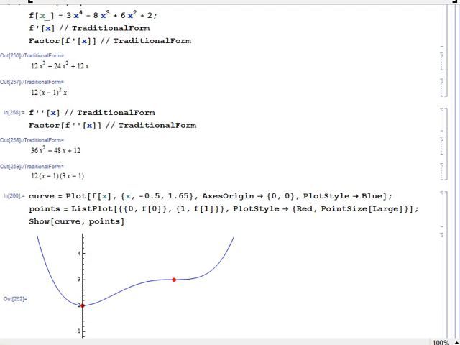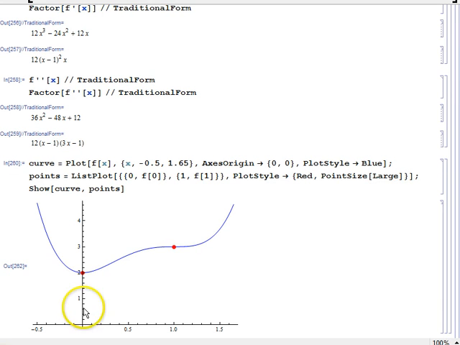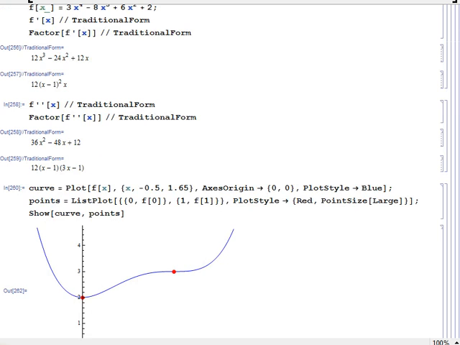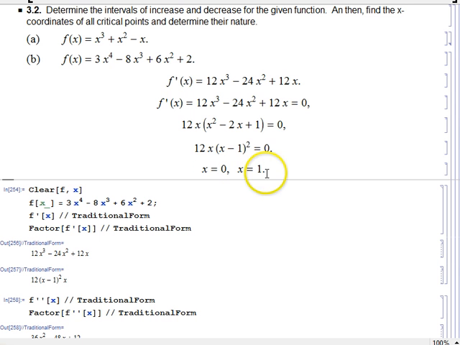By the way, in this particular problem, it was rather clear this was 0, this was 1, so that kind of computation was maybe not necessary, but very frequently you can see local minimum, you can see these critical points, but what x values, just by looking at the graph, they may be a little bit unclear. In that case, taking the derivative and setting it equal to 0 to actually find out is important.